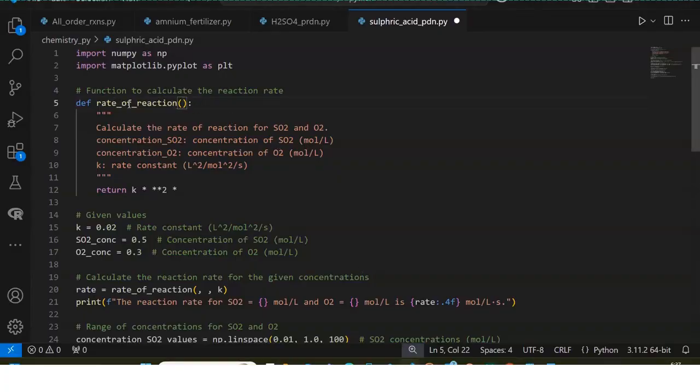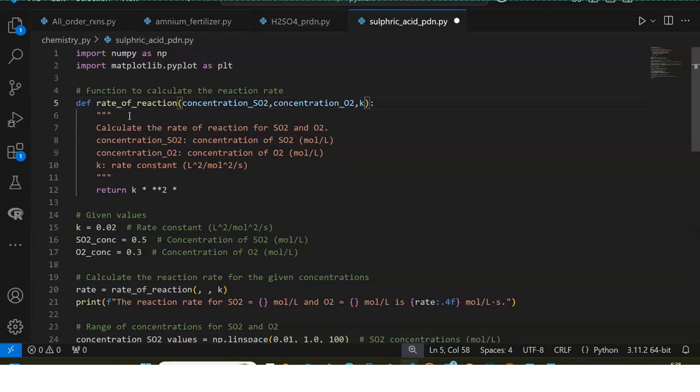So that is the rate of reaction, and therefore we are going to put concentration of sulfur dioxide and concentration of oxygen. We put the rate law, which is rate constant k.